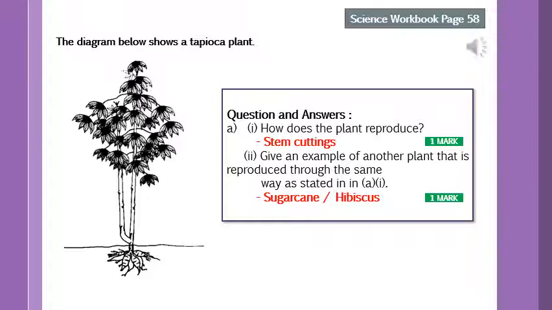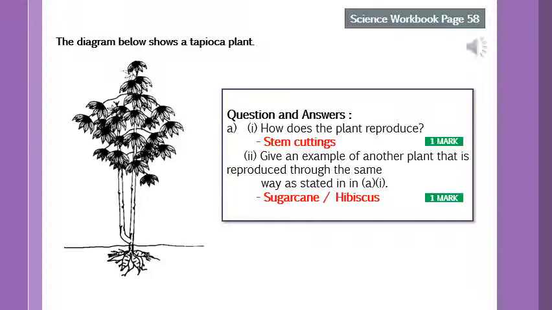Okay, so let us read the question. A1. How does the plant reproduce? If you refer to the slide that I gave you before, for Unit 5, Plants, Part 1, on ways of reproduction in plant, this tapioca plant reproduces through stem cuttings, the same as sugarcane and hibiscus.